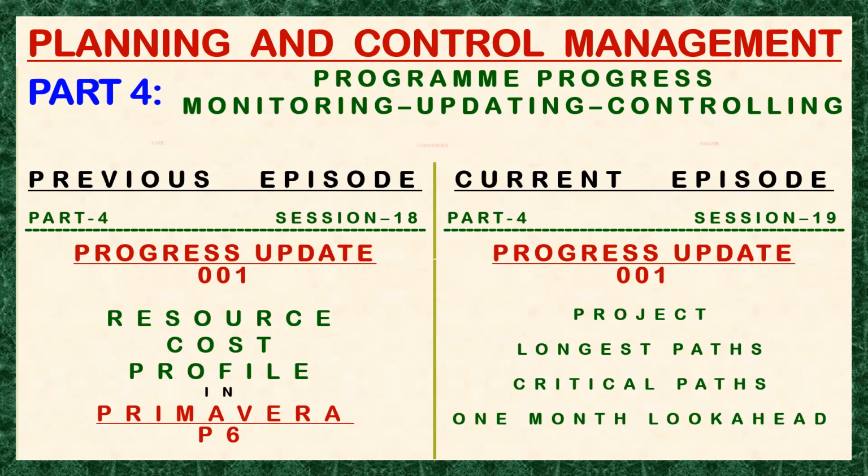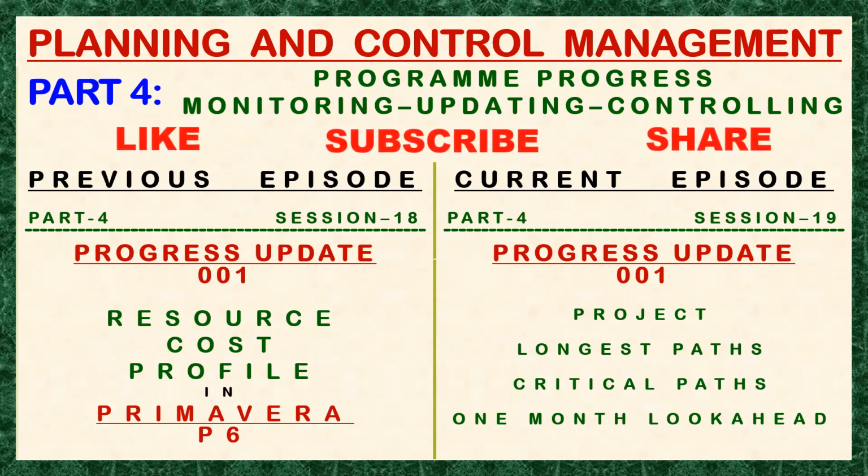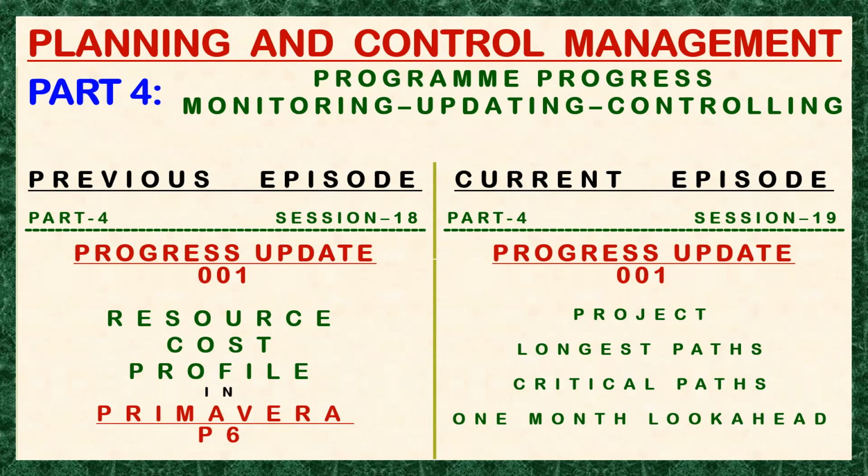So actually, preparing this report for the critical and longest path is now a pretty easy job because we just have to open the existing layouts that we have established recently, save the layouts accordingly, and do some slight changes or modifications. Okay, let's move to our project.